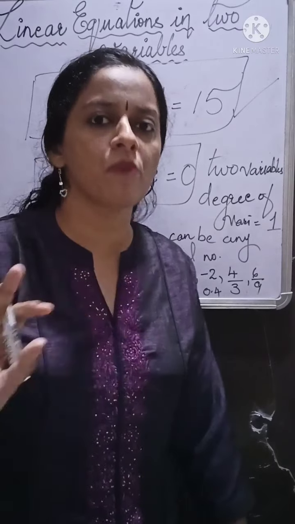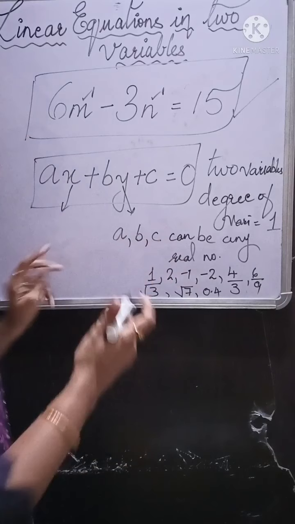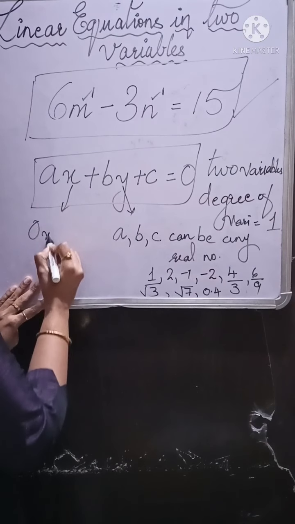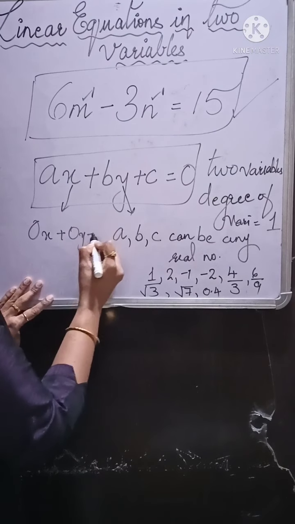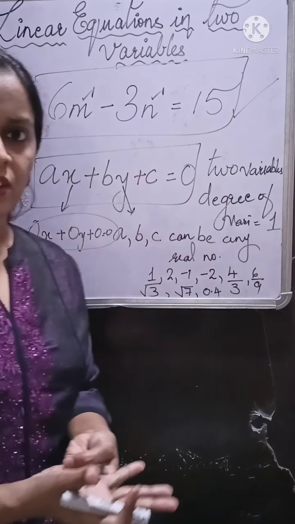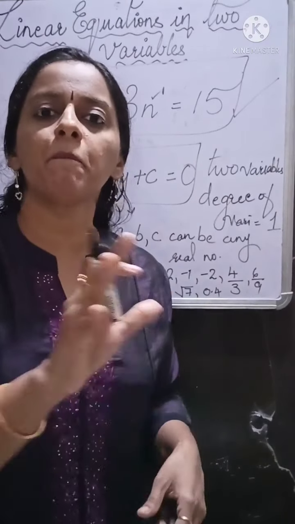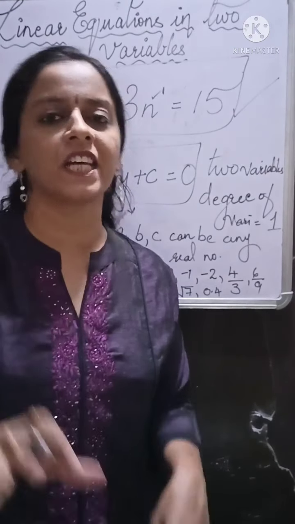I can't put 0 here and 0 here, because if I put 0, then 0x plus 0y plus 0 is equal to 0. This is actually 0 only, no? So this will not be an equation. So it is specified that a, b, c should not be 0 at the same time.